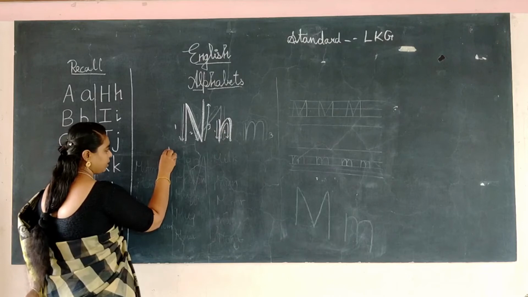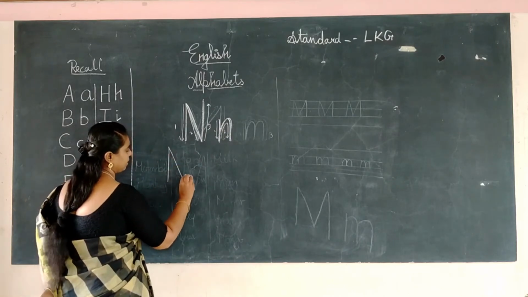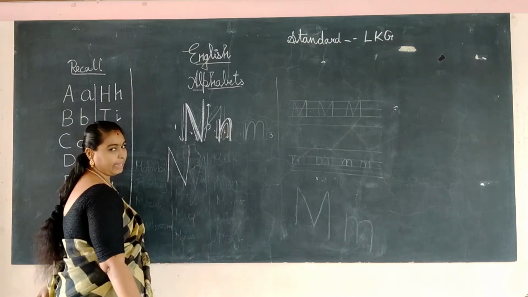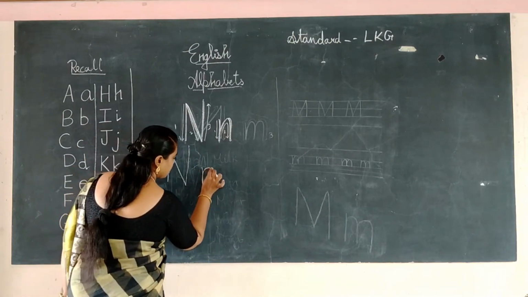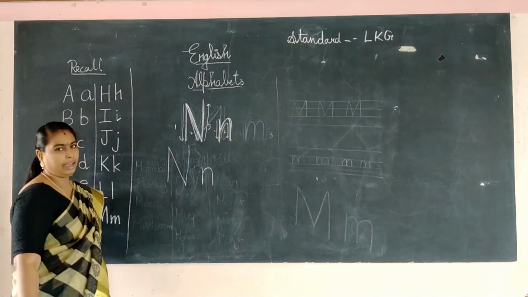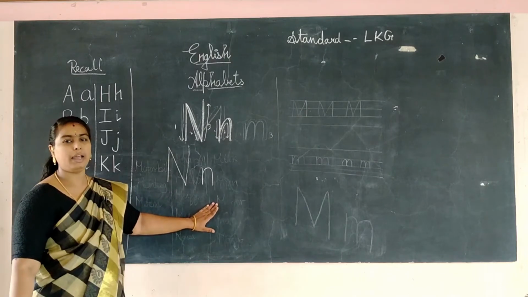See how we want to write? Standing line, slanting line, standing line, capital N. Again small n, capital N and small n.